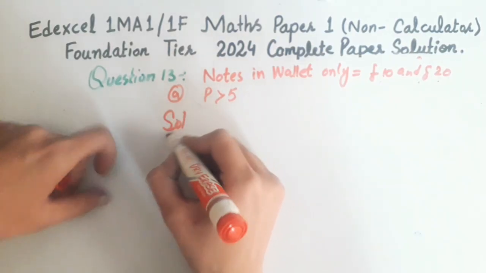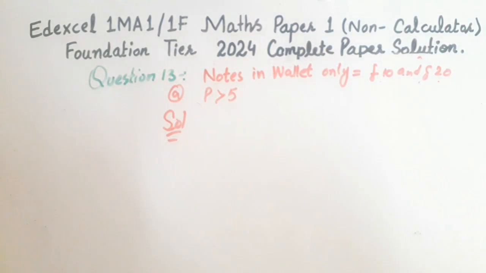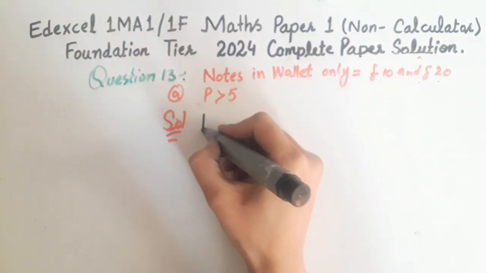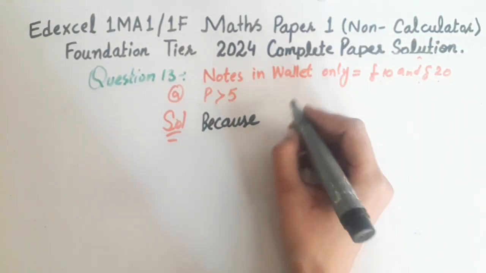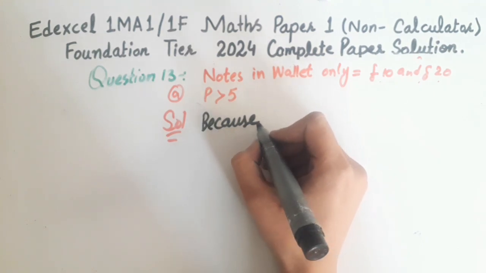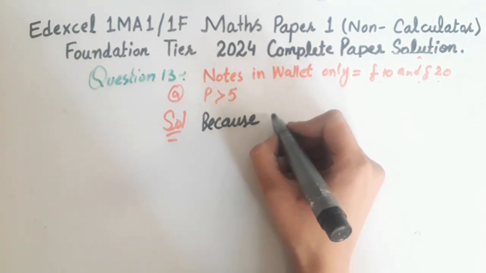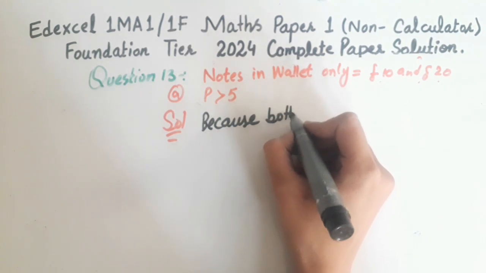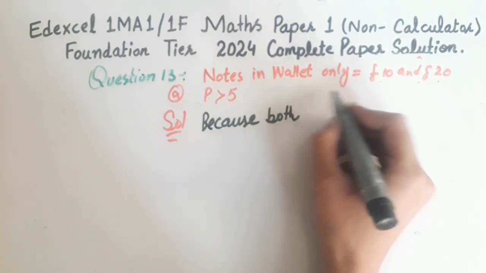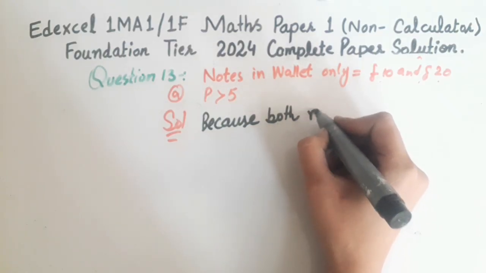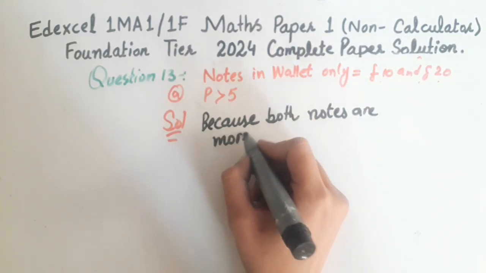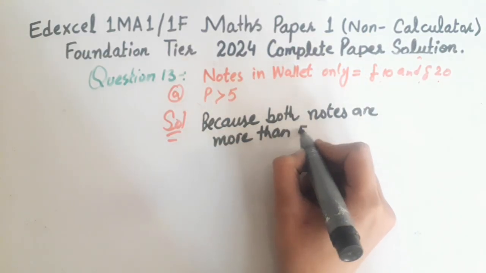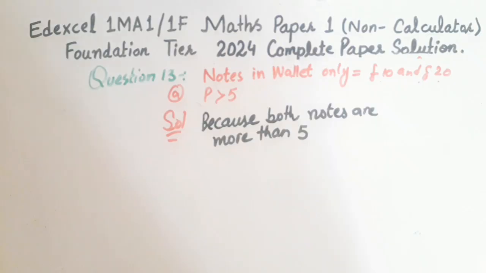So the solution of this: the probability will be 1 because both notes are more than 5. That's why the probability will be 1.